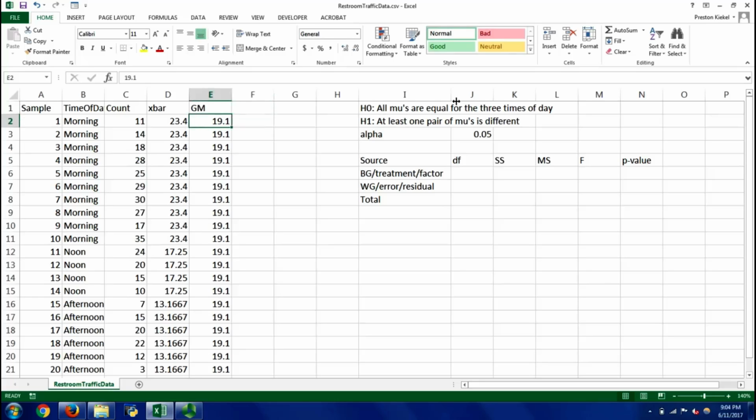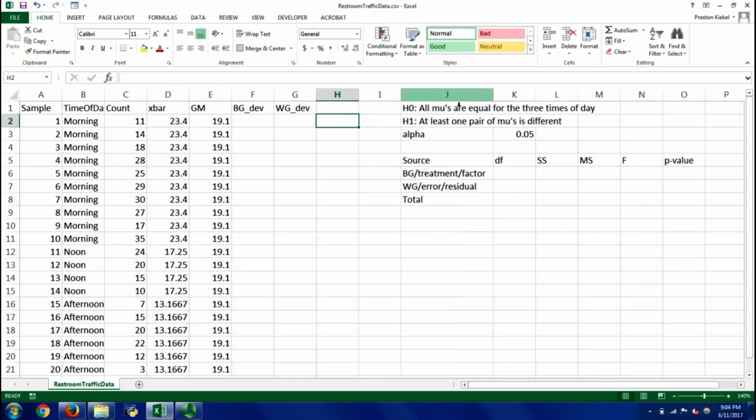So for this, we'll have between groups variation and within groups. Squared deviation, residual, I guess I'll call it deviation. And then we've got within groups deviation. And of course, we're talking about squared deviations. We can also get the total deviation just for fun.